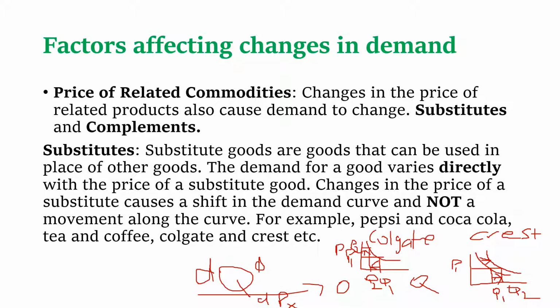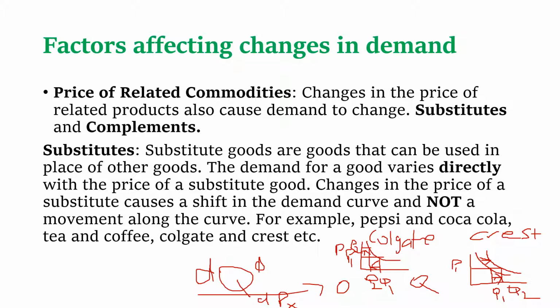Now, what about complement here? For complement, let's say sugar and tea, if you have tea, of course you need sugar, right? If the price of sugar increases, you expect the demand for tea to fall. You understand?